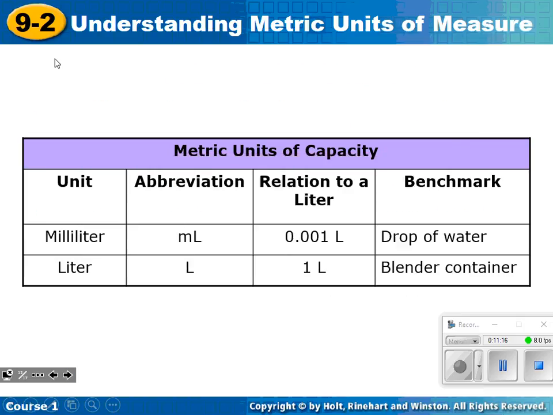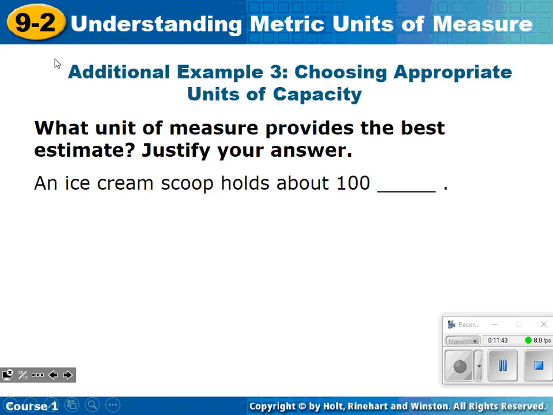And as far as how much something holds, the two most common ones we're going to deal with are milliliters and a liter. A milliliter is about a drop of water. A liter bottle is exactly that red water bottle on my desk. That's 1 liter. Okay? So that's a liter. So if we were thinking about it, a scoop of ice cream holds about 100 of those?